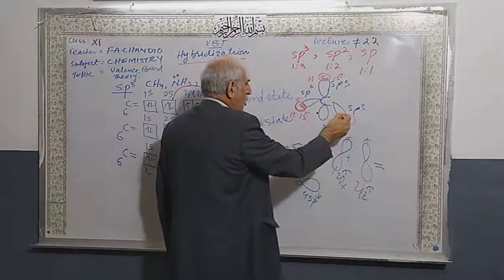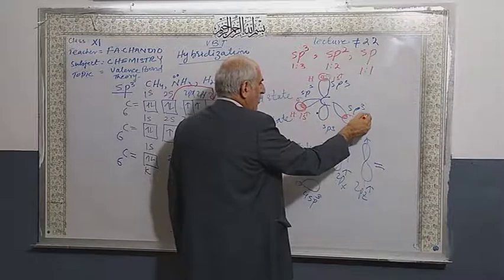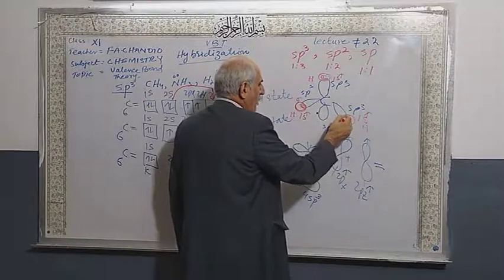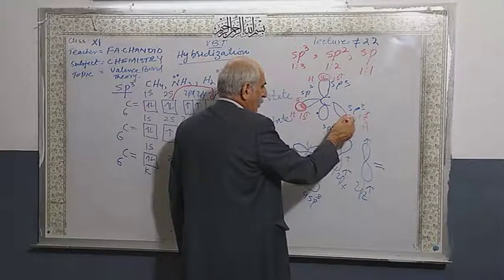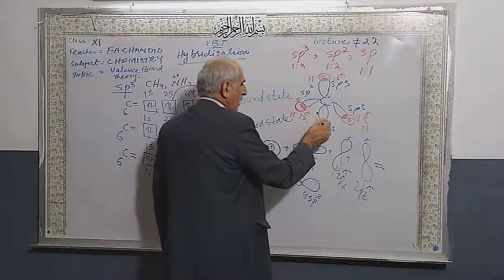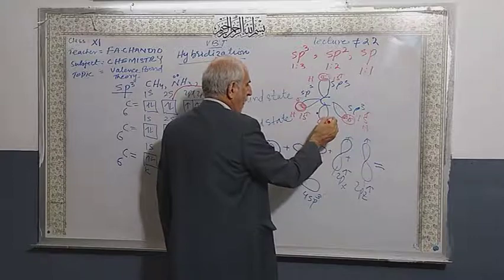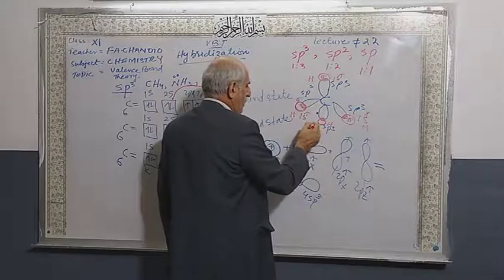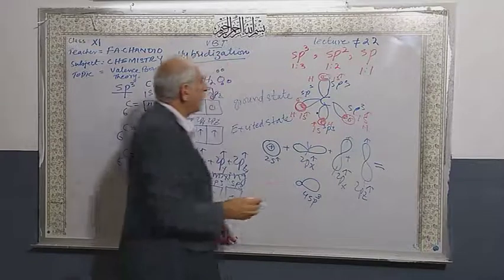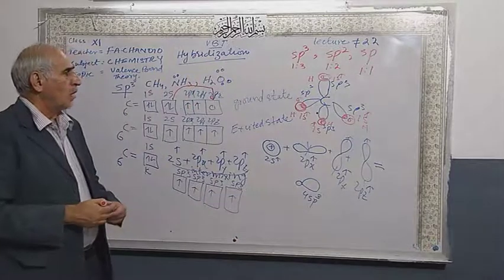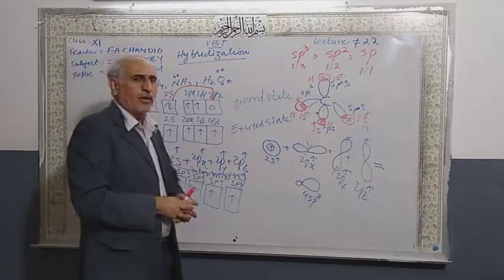Likewise all four sigma bonds are formed between the hybridized atomic orbitals and the 1s1 of the hydrogens. So four sigma bonds at the four tetrahedral corners.